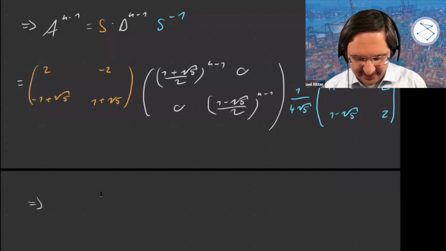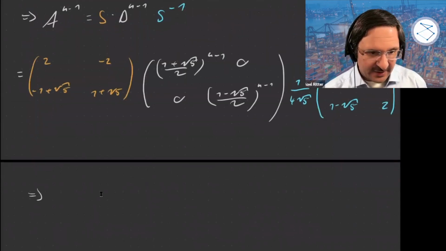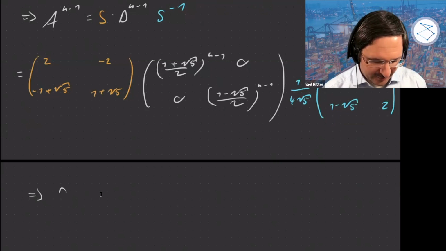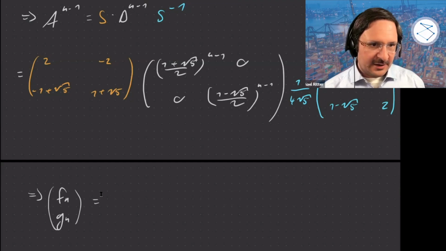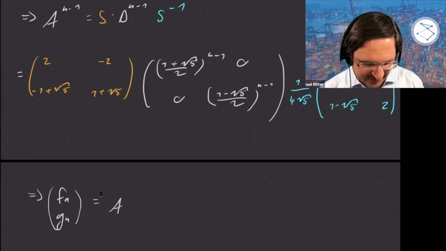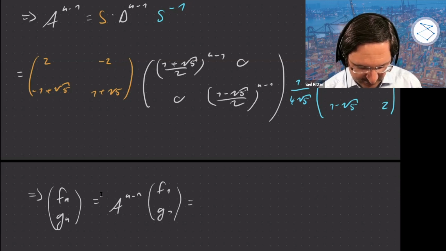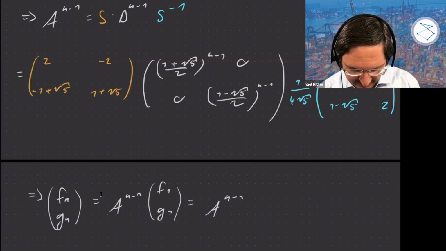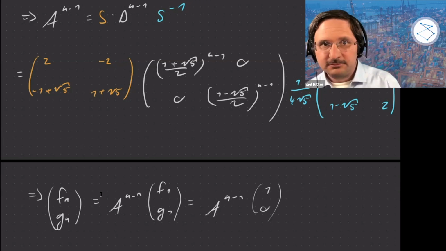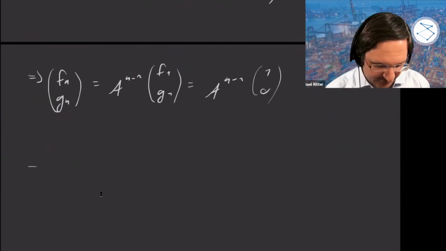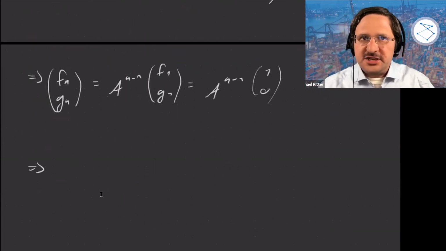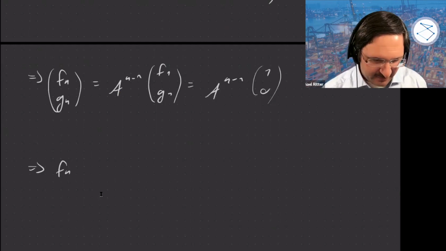And then finally, get a formula for the f_n's. Remember, (f_n, g_n) was A to the n minus 1 times (f_1, g_1), and (f_1, g_1), that was (1, 0). So in particular, I mean, we don't really need g_n, we only need f_n.